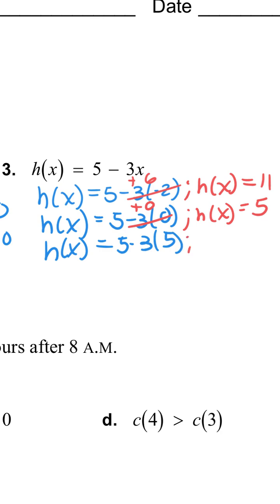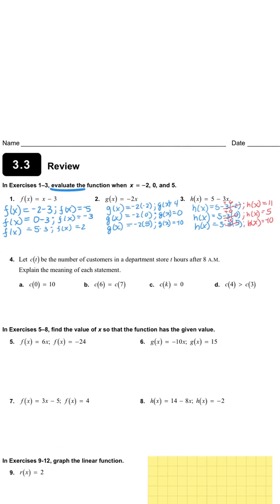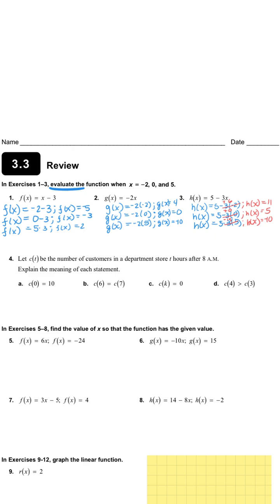We're going to do distributive property. -3 times 5 gives me -15. 5 minus 15 gives me -10. And that is your answers for questions 1, 2, 3. Remember to read directions.